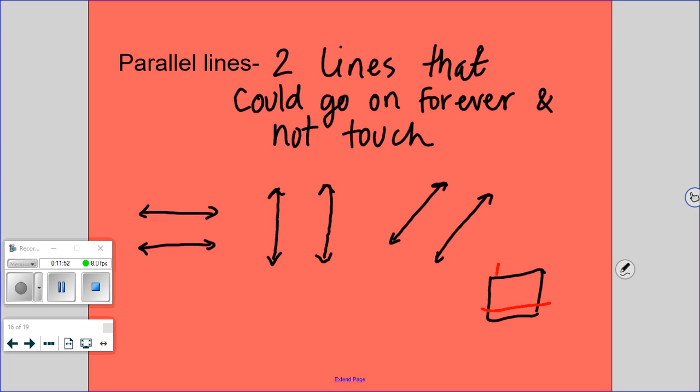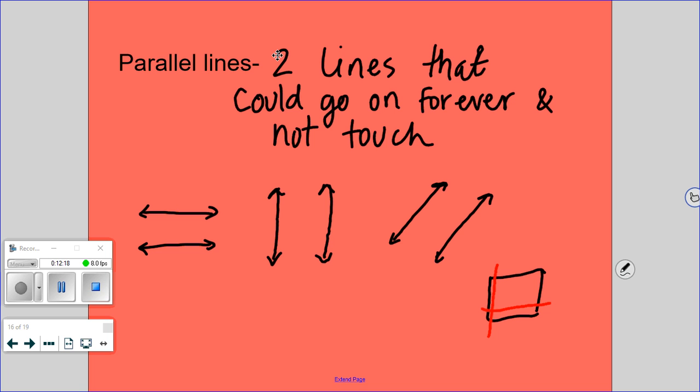Side to side this way. Those are parallel. They don't ever touch. So a square has two sets of parallel sides. One on top and bottom, one on side and side. Can you think of another shape that also has two sets of parallel sides?